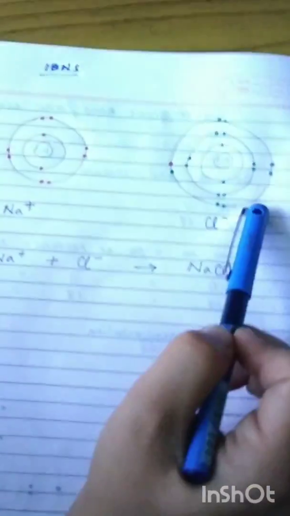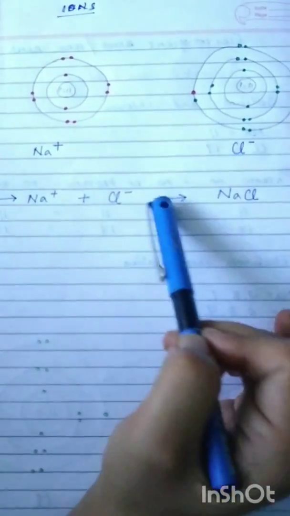So sodium gave away 1 electron. These two formed ions. Sodium became positively charged since it gave electrons. Chlorine became negatively charged because it received an electron. Now they are stable. Now they will form a compound. So sodium ion and chlorine ion will form a compound known as sodium chloride.